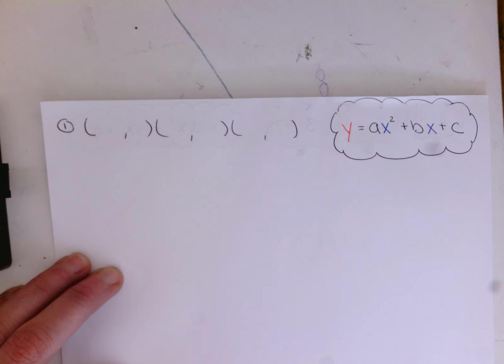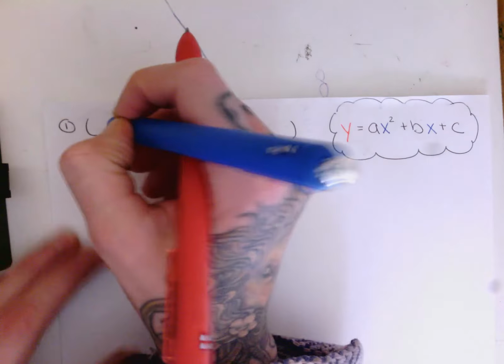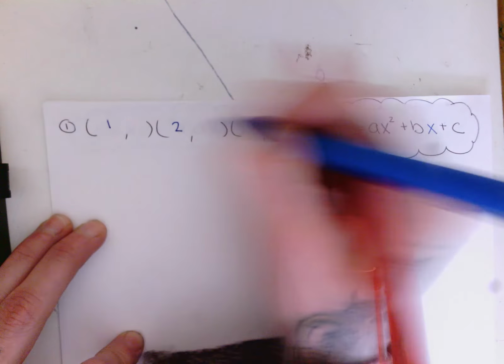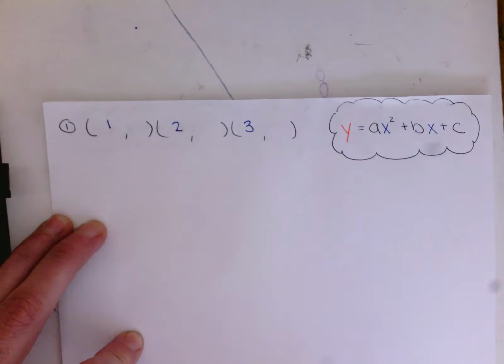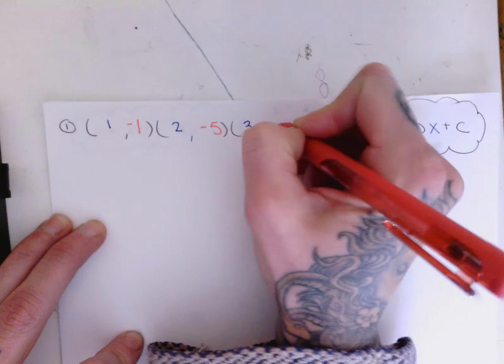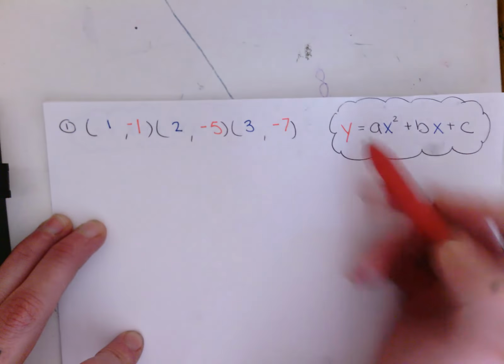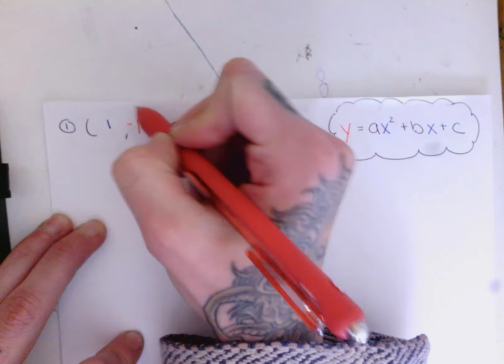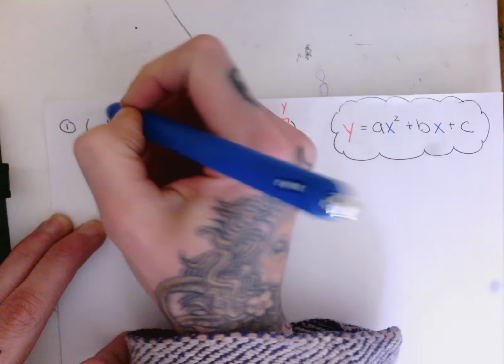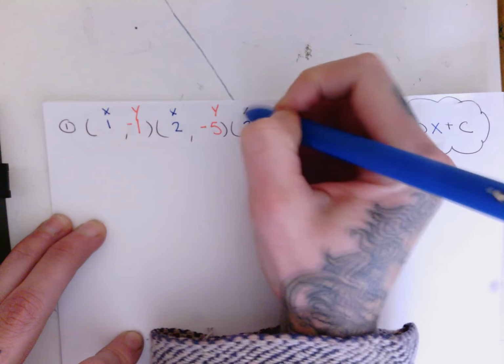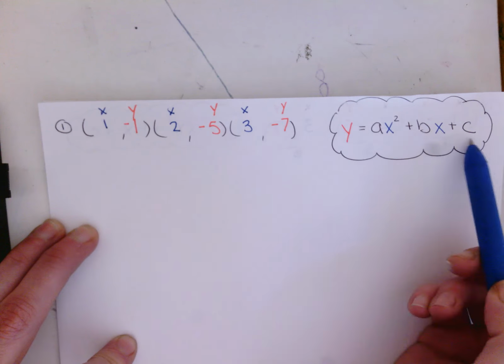Alright, so I want to go over again the practice modeling with quadratic functions 4-3, which was the last assignment that we had when we were together. So we're going to use all of our x coordinates and all of our y coordinates and plug them in for the y and the x of our standard form.